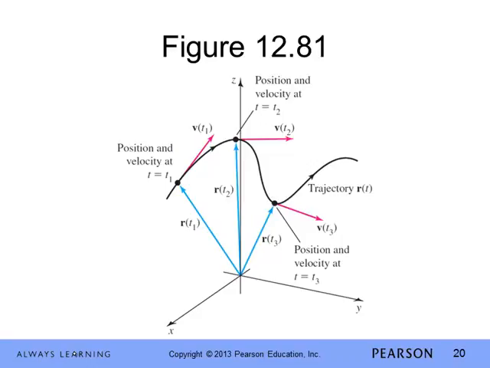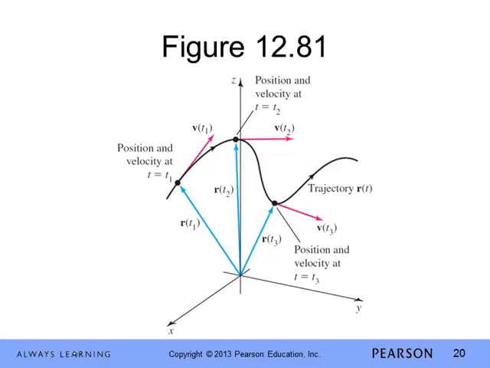And remember that the velocity, which is r prime, is going to be parallel with the direction of travel for any specific time. So as we go through space, your velocity vector will point in the direction of travel and be tangential to the curve.